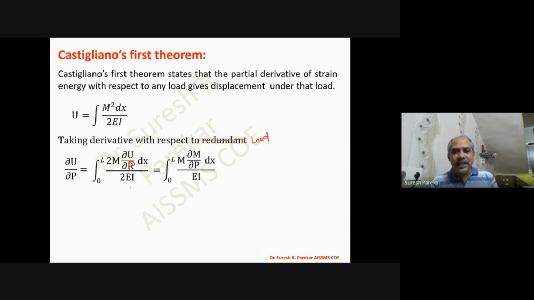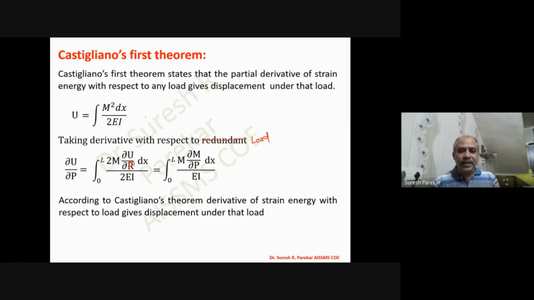By using this equation, we are in a position to calculate the displacement under load P. This value I can say as delta suffix P, which shows the displacement under load P. So according to Castigliano's theorem, the derivative of strain energy with respect to load gives displacement under that load.